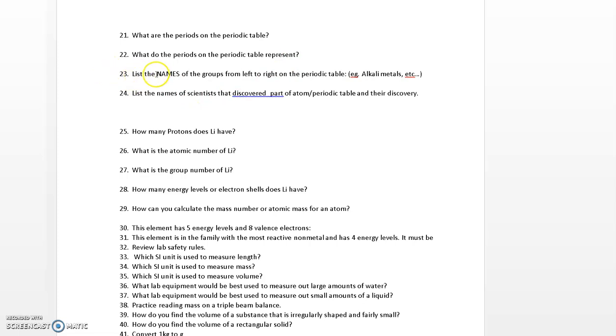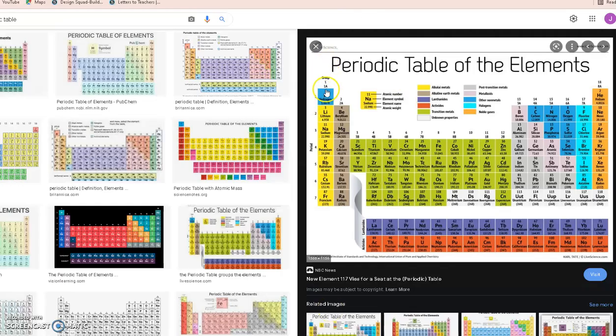Number 23. List the names of the groups from left to right on the periodic table. For example, the alkali metals, etc. So, on the periodic table, group 1, or 1A is called the alkali metals. Group 2 is the alkaline earth metals. All of these in here are called the transition metals in the middle part.